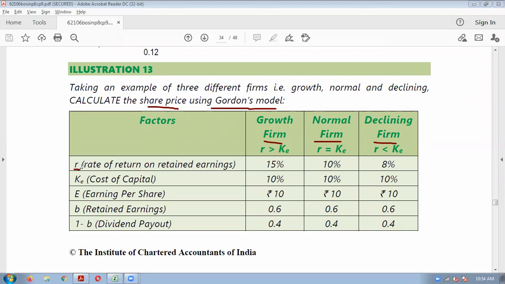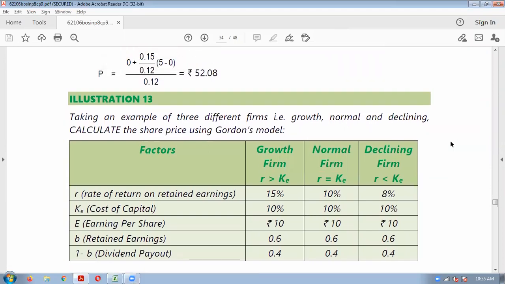Rate of return is given, cost of capital is given, earnings E is given, retention ratio b is given, and 1 minus b is given. So using this data, we can find out the price using Gordon's growth model. In this, we will apply another formula. Now two formulas are there.